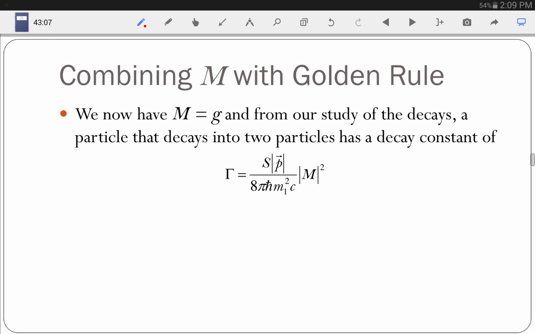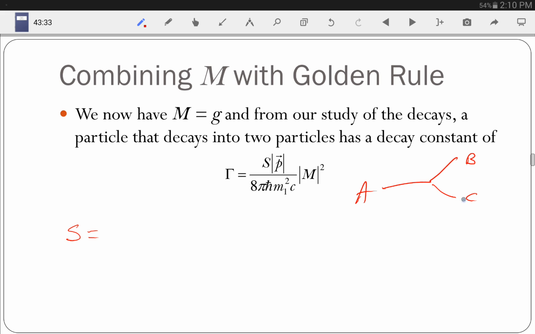So for our specific case, we had A decaying into B and C. Given that, what is S equal to? Remember, S was the number to keep us from double counting.